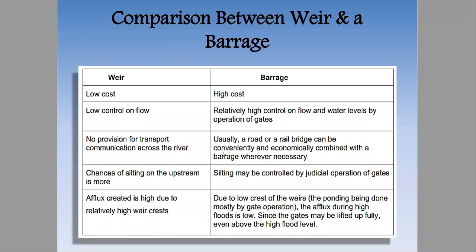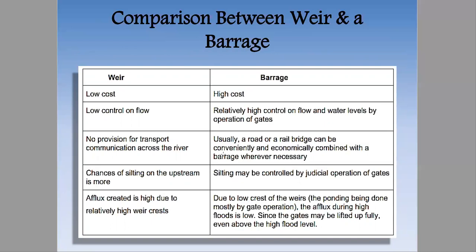So let's compare weir and barrage. Let's start with the first, cost. We all know installation of gates instead of only a concrete structure will be costlier, so weirs are less costly compared with barrages.